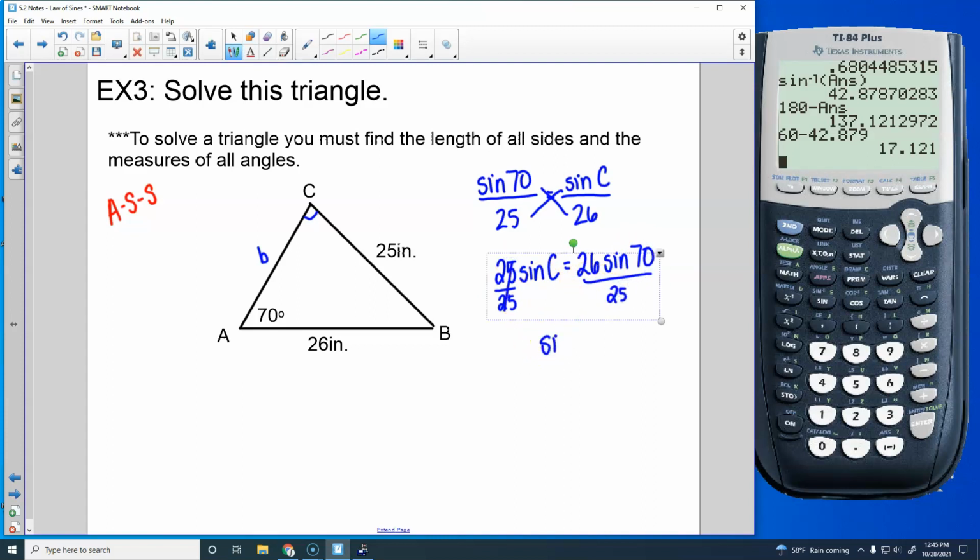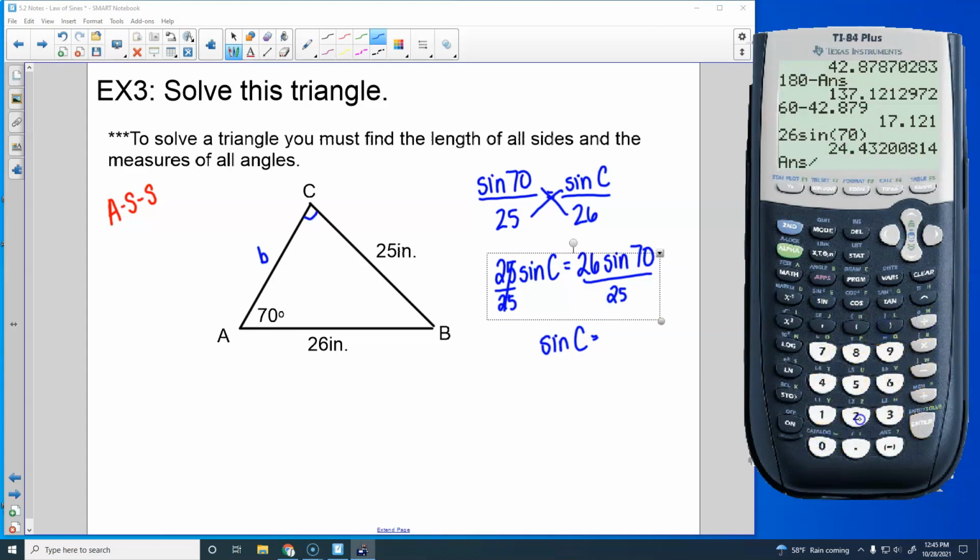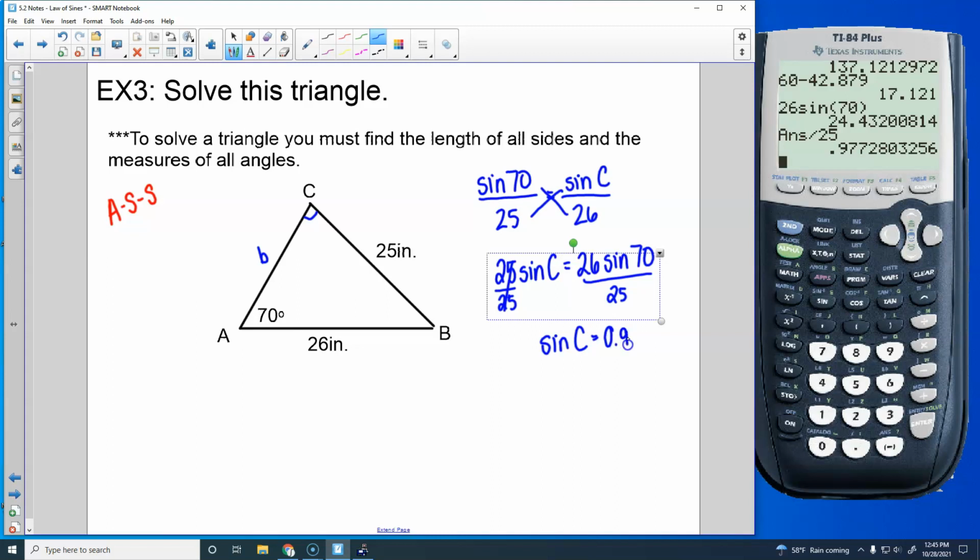So sine C equals 26 sine 70 divided by 25. It's going to be 0.97728, and so on. And how do I get rid of that sine again?